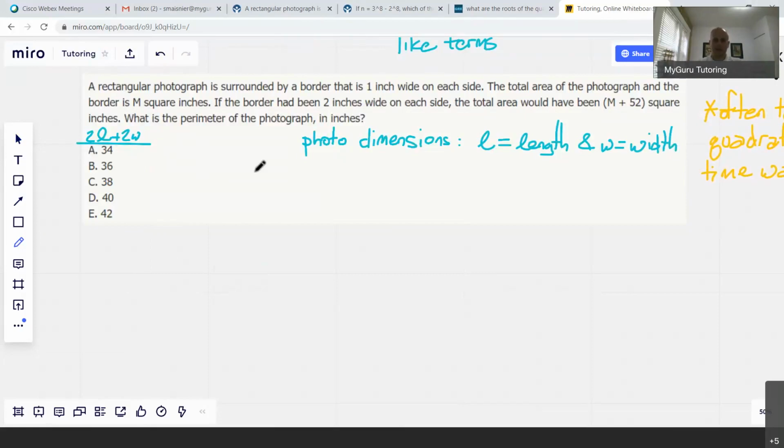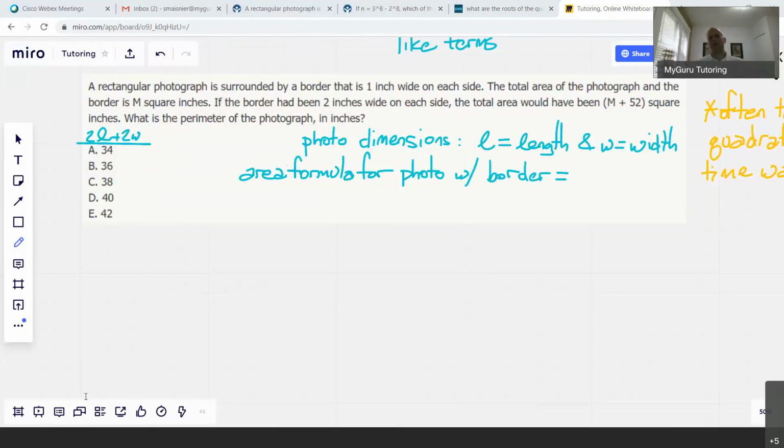So what would be the area formula for the photo with the border, using our dimensions of L and W for the photograph?